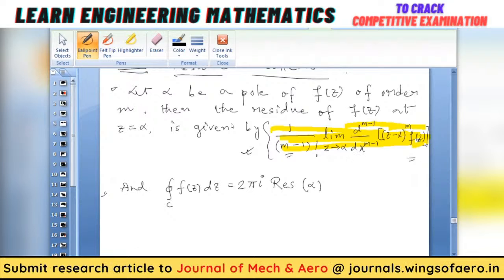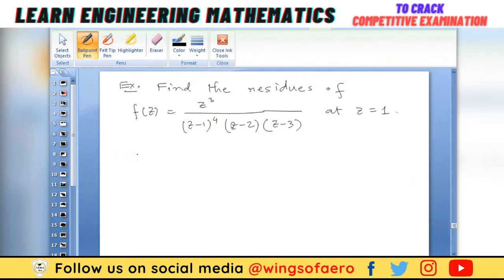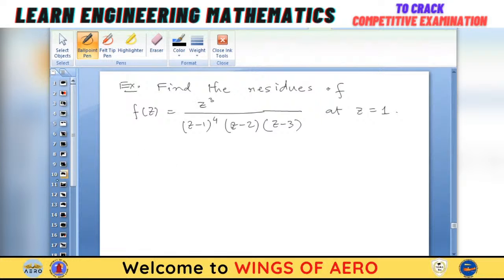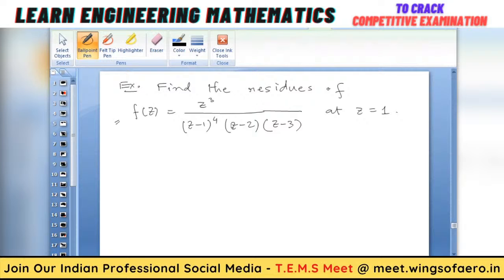Okay, now what are the residues? First of all, to find residues you have to find the poles. Tell me, write down in the chat box, how many poles are there and their orders. How many poles exist in this function, and what are the orders of the poles?